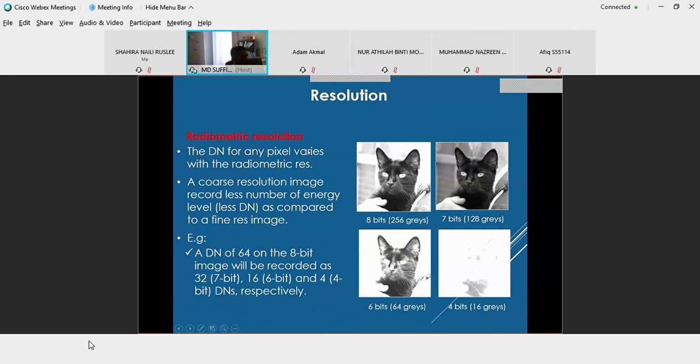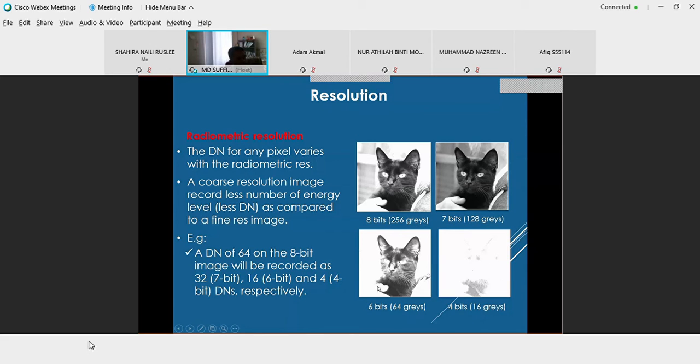And then this one example, the digital number ataupun digital count yang kat atas ni, 8 bit, bermaksud dia ada 256 gray values. You boleh nampak banyak information lah. Warna tu kita boleh pecah-pecahkan lagi, daripada 0 hingga 255. Kalau you pakai 7 bit, bermaksud dia punya gray value cuma ada 128 gray value, daripada 0 sehingga 127.